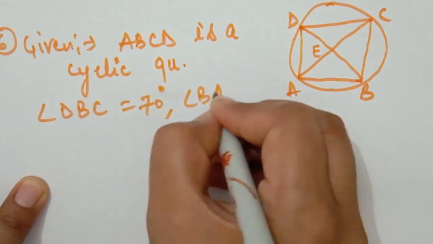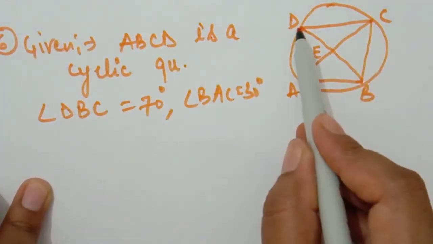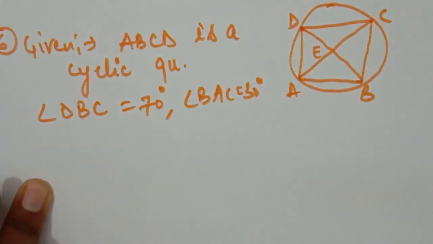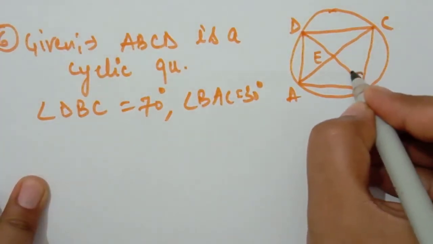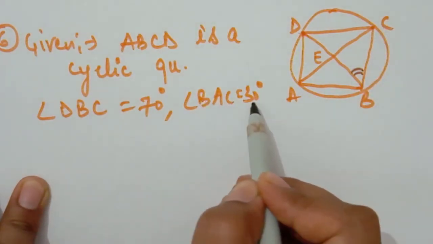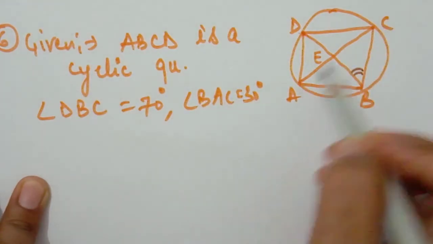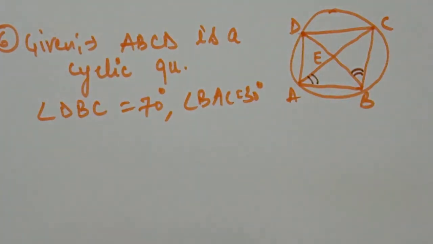Angle BAC is equal to 30 degrees. DBC, it means which angle? This angle is 70 degrees. Angle DBC is 70 degrees. BAC is 30 degrees. This is our 30 degree angle.